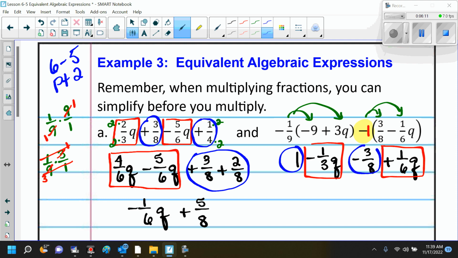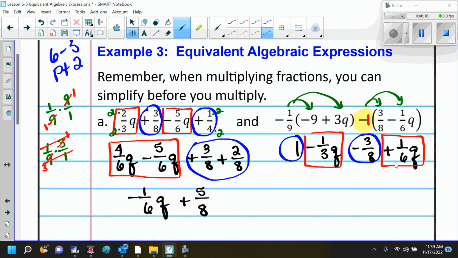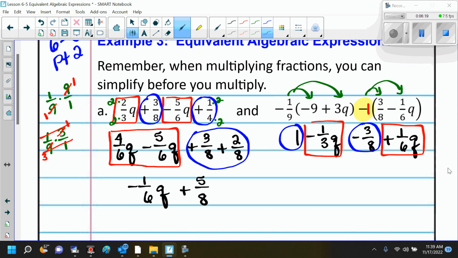Good. So now, before I do those combining, I need to get some common denominators, right? So with the q terms, that's a 3 and a 6 in the denominator. What's the least common denominator? 6. So we're going to multiply over here times 2 and here times 2. Okay? So I'm going to go ahead and write my like terms together. So this one is going to be a negative 2/6 q.